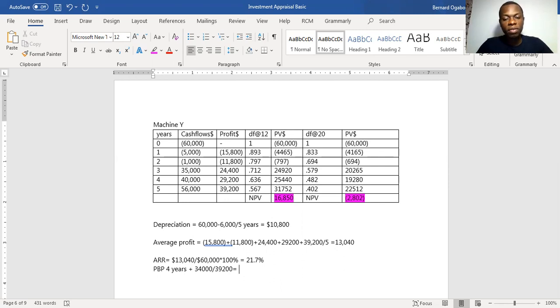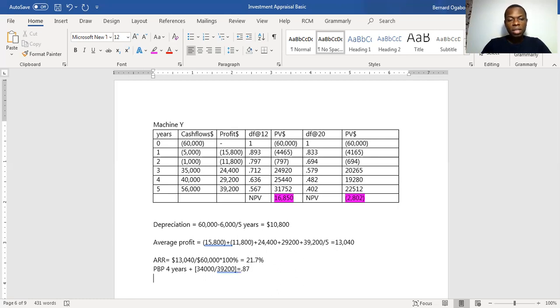So I'm now going to the fifth year. So divided by 39,200, that gives me 0.87 to 2 decimal places.